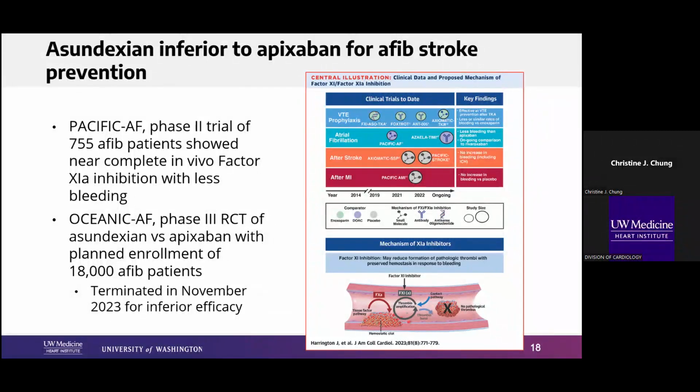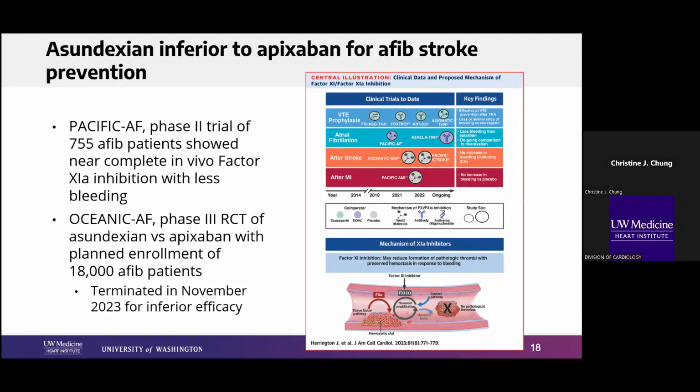So asundexian was tested in a number of phase 2 trials in a variety of settings, orthopedic surgery, but one of the things that they looked at was patients with non-valvular AFib. And this phase 2 trial was very promising. In a lot of the patients, there was near complete in vivo inhibition of this factor XIa, and really a signal that there was less bleeding compared to even apixaban.